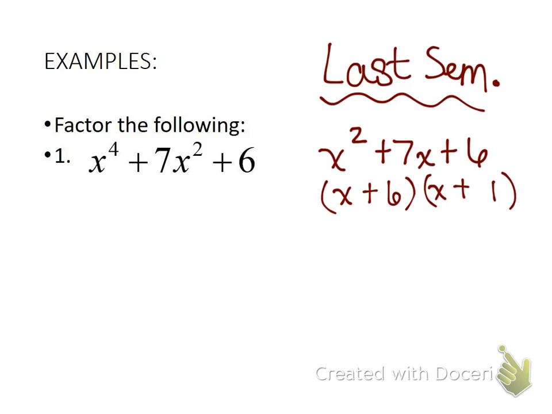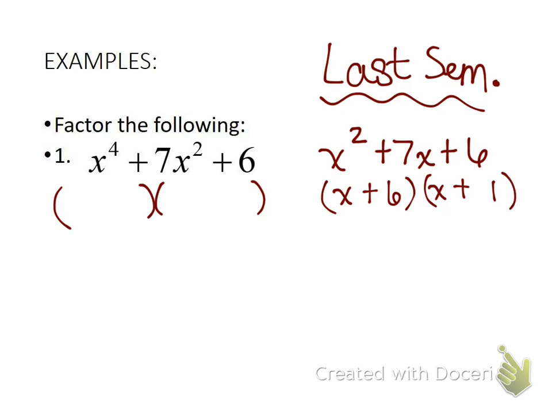Okay. To do number 1, the actual number 1 from this semester, it's going to be extremely similar. We're going to factor it into 2 sets of parentheses. This time, I need my front 2 terms to multiply to x to the 4th instead of x squared.